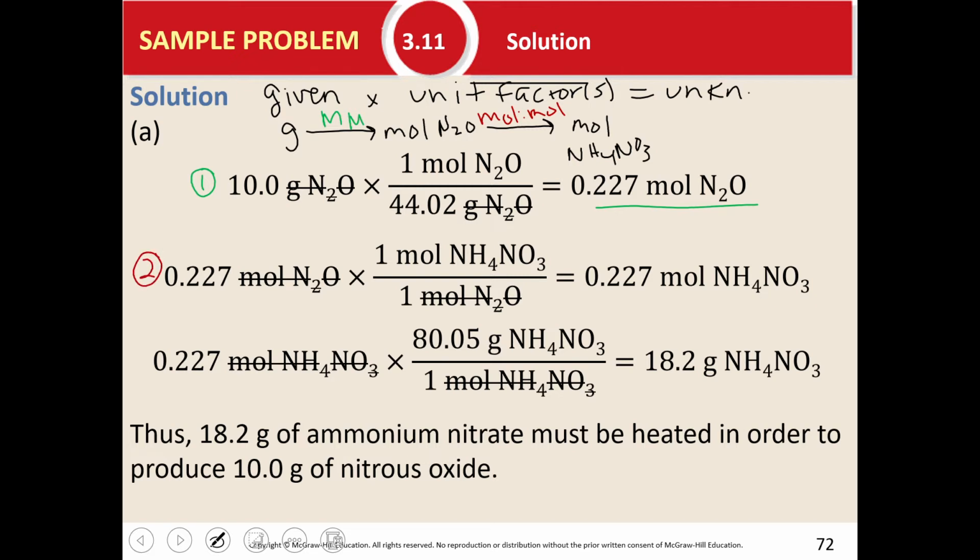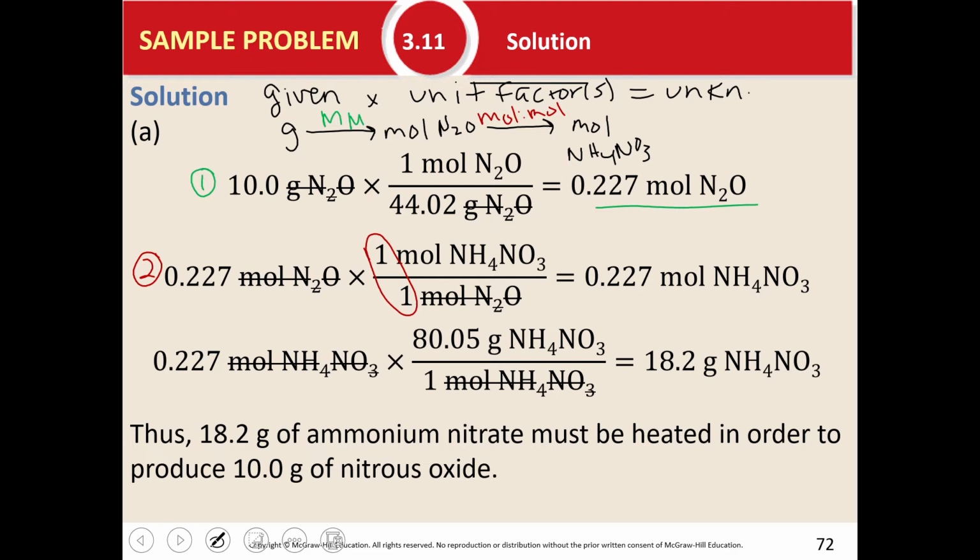We're taking the moles of dinitrogen monoxide and we're using our coefficients from our balanced chemical equation to convert moles of dinitrogen monoxide into ammonium nitrate. So now we know we have 0.227 moles of ammonium nitrate needed in order to get 10 grams of dinitrogen monoxide.